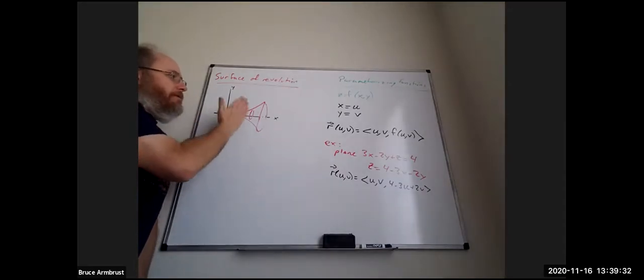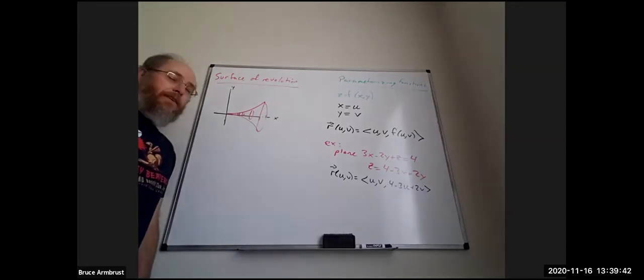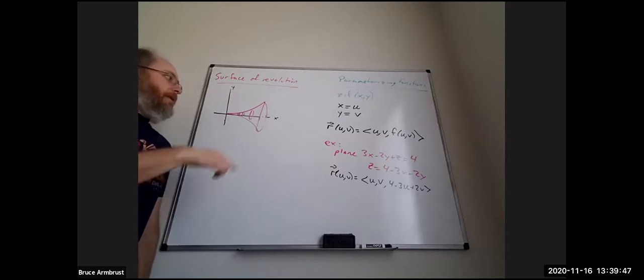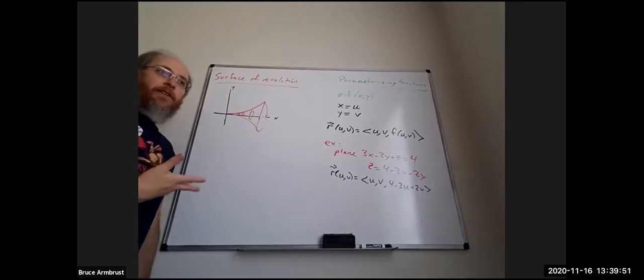Like this one, the cross sections are always circles, right? They're always going to be circles of some type. The size of the circle is going to change. The radius changes depending upon the function value. But the cross sections are still all circles.